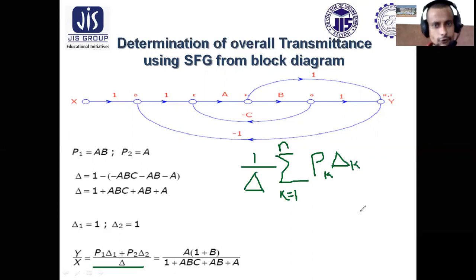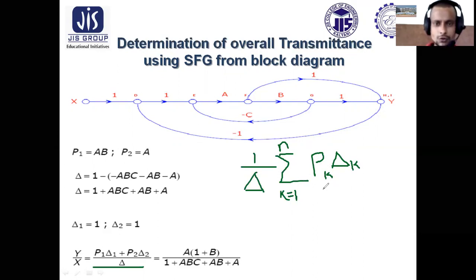This is Mason's gain formula. What del, n, k, P k, del k are, all were discussed in the last class, so I am not going to tell these terms again.